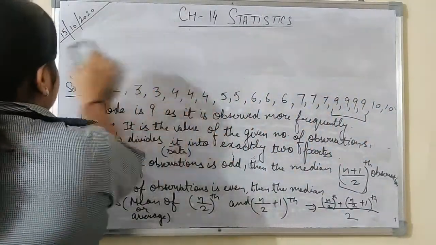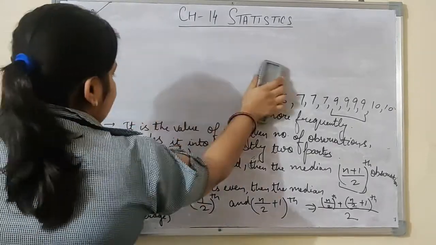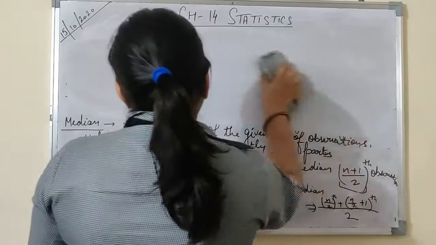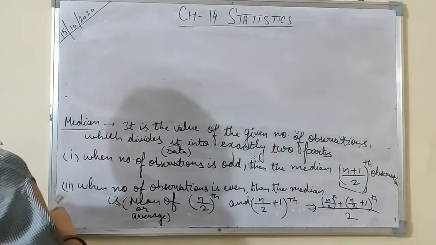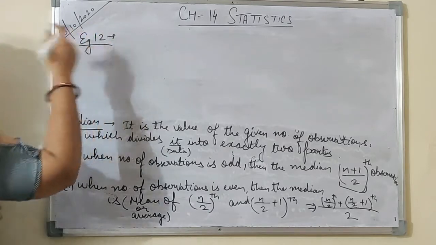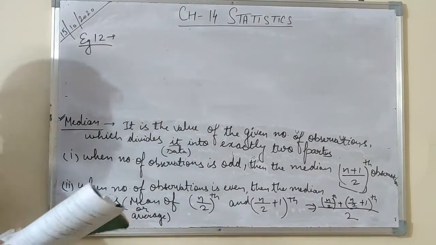Now I will tell you one example of both cases, the even case and the odd case, for median. The first example I am taking from your book only, example number 12.